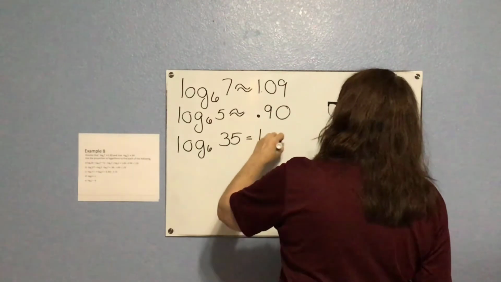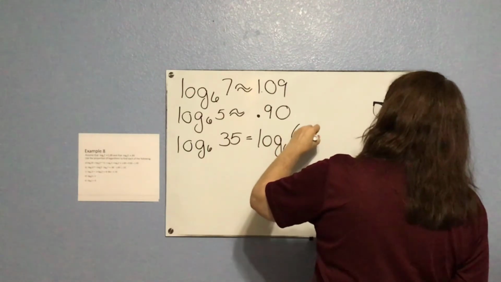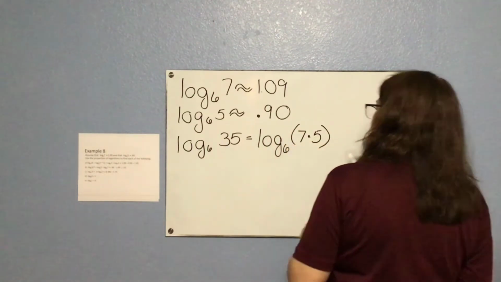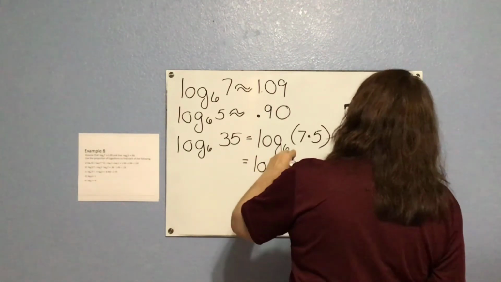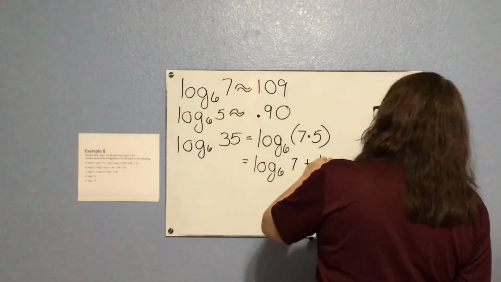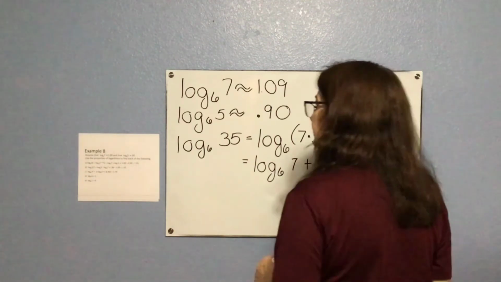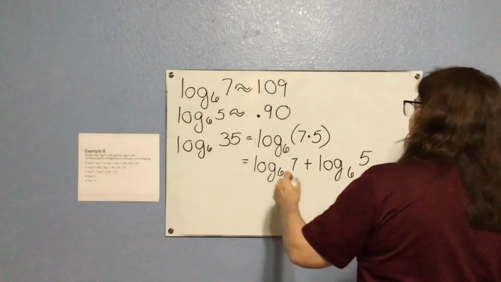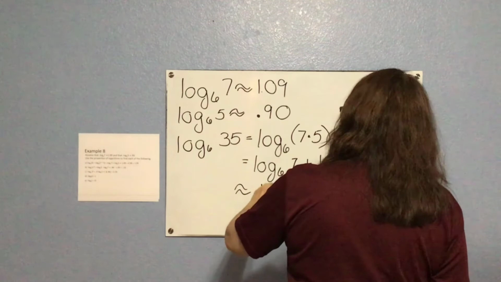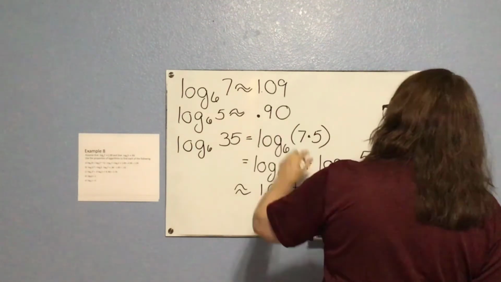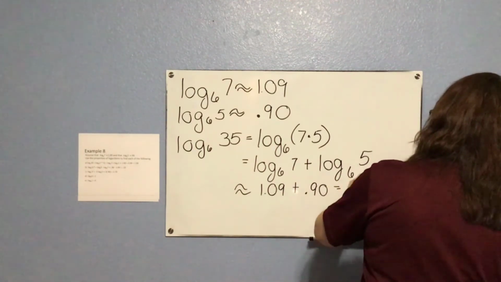So log base 6 of 7 times 5. And now with that product, I can break that down into log base 6 of 7 plus log base 6 of 5. So I would have then approximately, from up here, 1.09 plus 0.90, so 1.99.